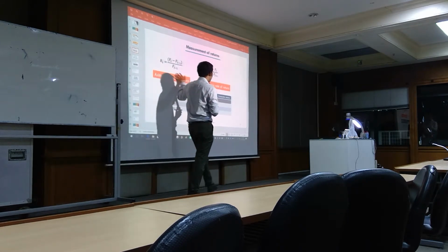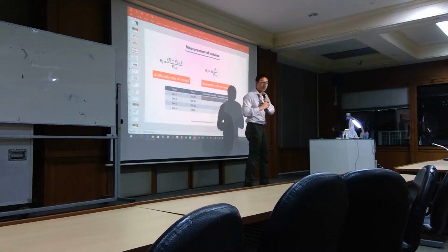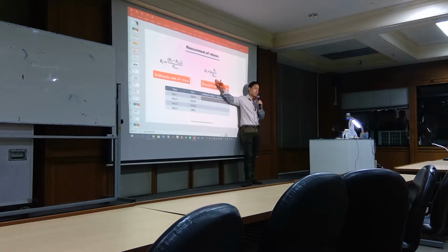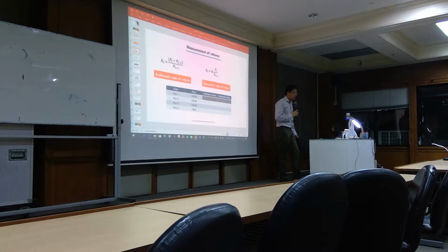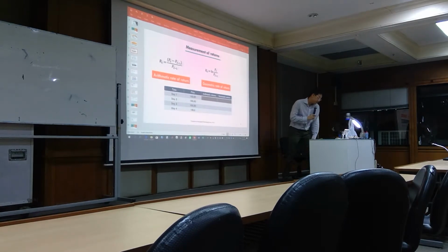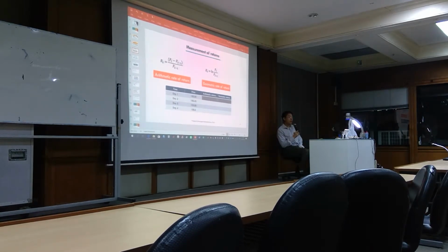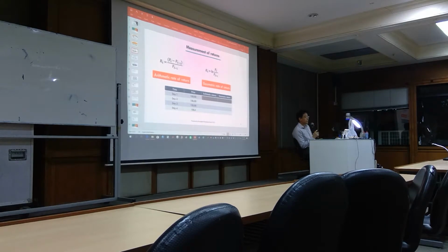But anyway, in finance, sometimes we also calculate the return based on this equation. This equation is the return calculated from log, ln: the ln of Pt divided by Pt minus 1.